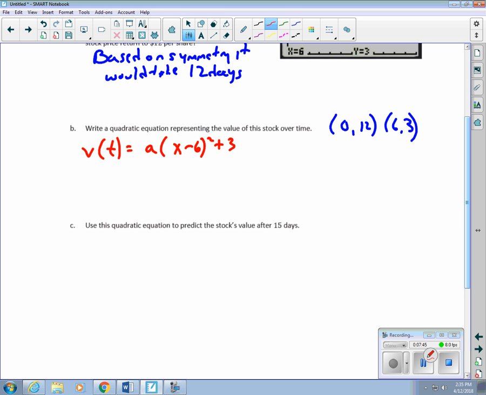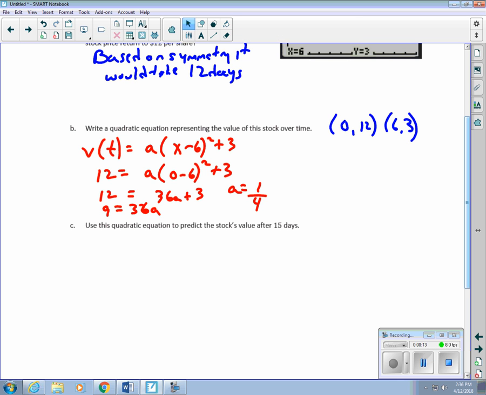So now I take one of my coordinates. The easiest one is to take (0, 12). So I put 0 in for x, 12 in for V of t. When I do all of that math, I find that a is 1/4.